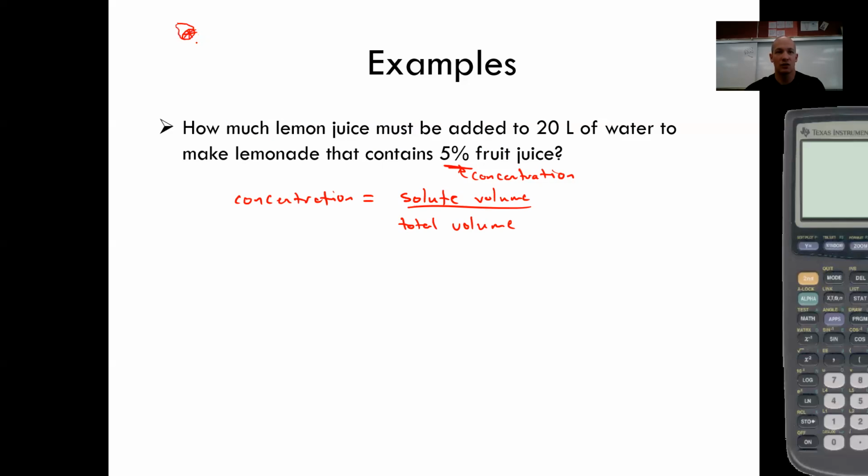And you're squeezing your lemon drop, and you're putting it into a bunch of water, H2O. This is what you would call your solute, and then this is the, well, it's the solution. Okay, so the total volume is the solute over the solute plus the solution.